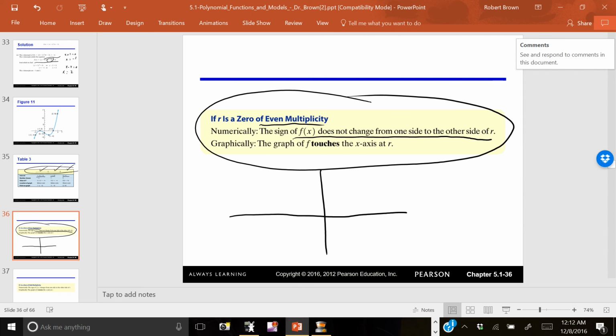So, if we have a zero that looks like this, this would be a zero of even multiplicity, that means the graph just touches the x-axis at x equal r.